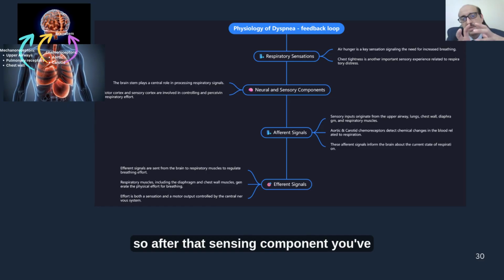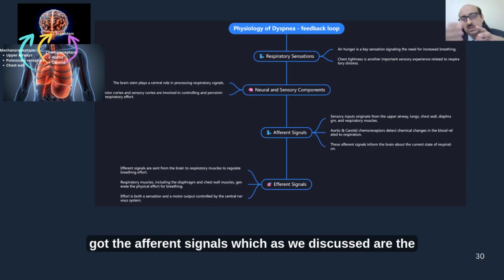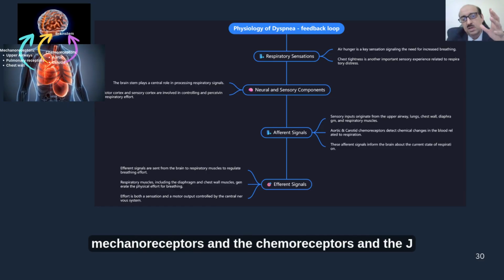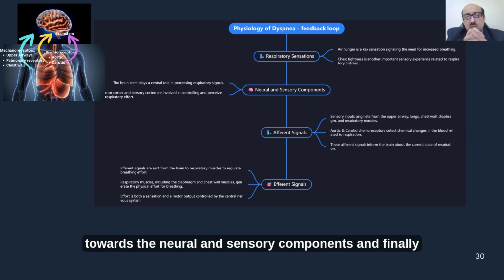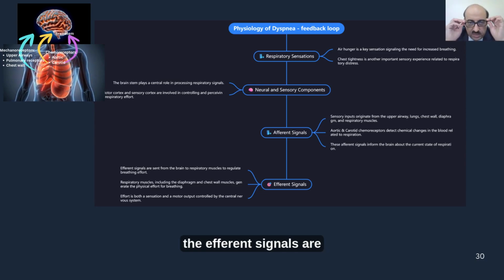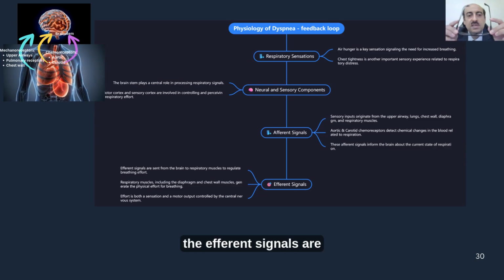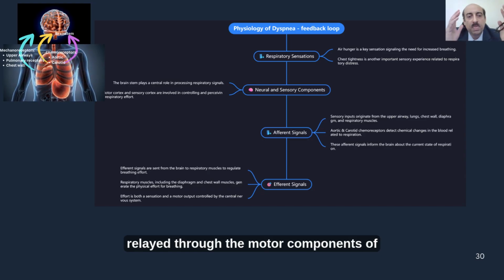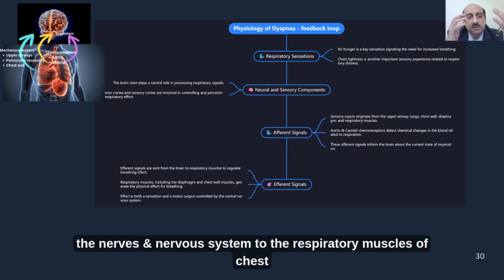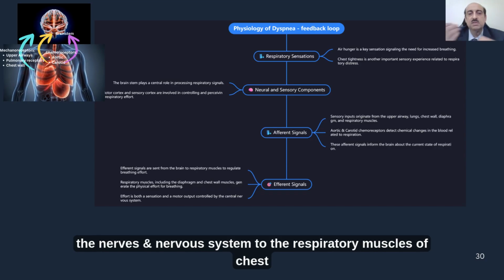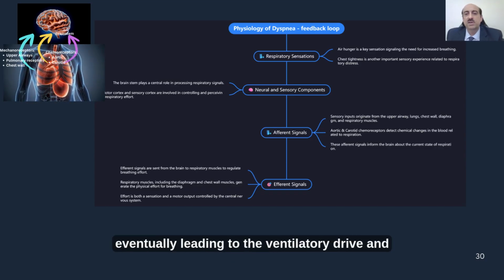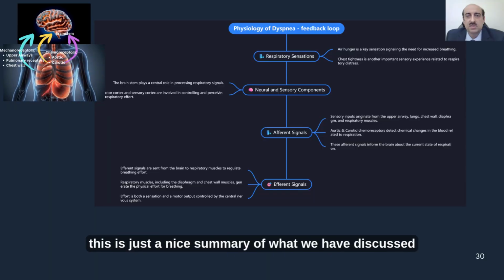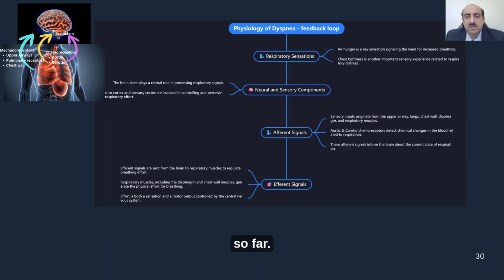Then you have the afferent signals, which, as we discussed, come from the mechanoreceptors, the chemoreceptors and the J receptors, signaling towards the neural and sensory components. And finally, the efferent signals are relayed through the motor components of the nervous system to the respiratory muscles of the chest wall, diaphragm, and intercostals, eventually leading to the ventilatory drive. This is just a nice summary of what we have discussed so far.